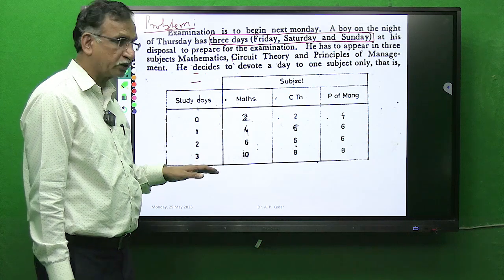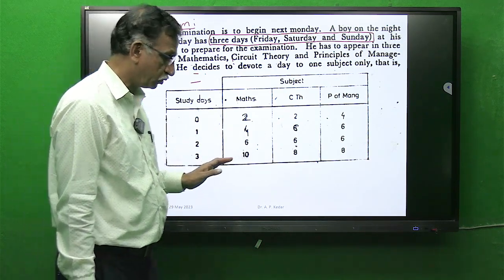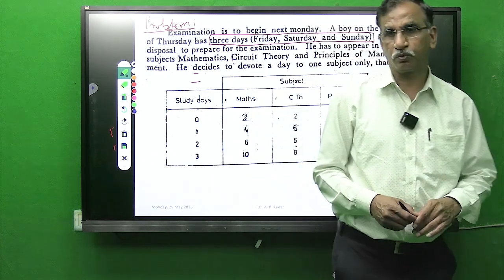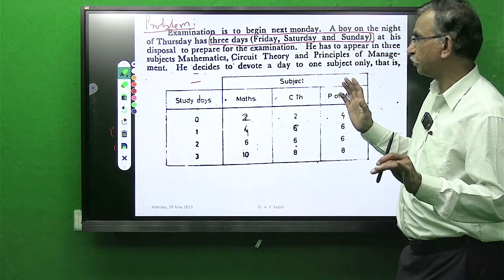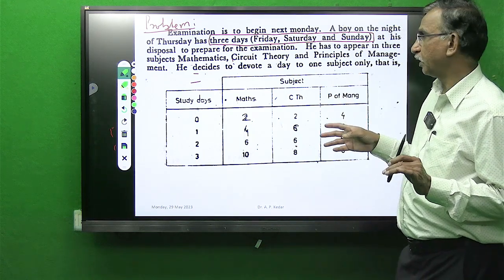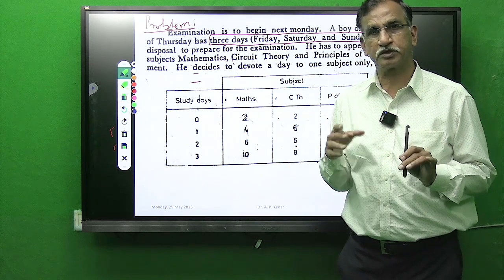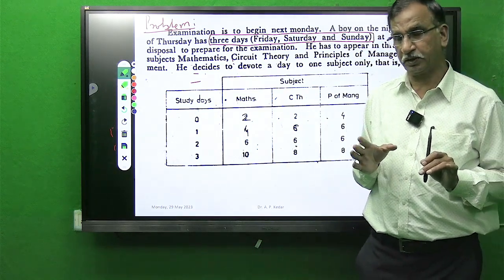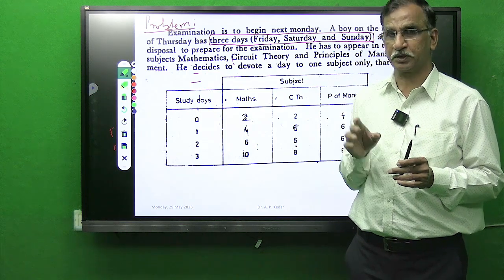But if he devotes 1, 2 or 3 full days to either subject, he may decide, okay, right now I will only study mathematics for all 3 days, or only circuit theory for 3 days, or only principles of management for 3 days, or he may choose mixed subjects.